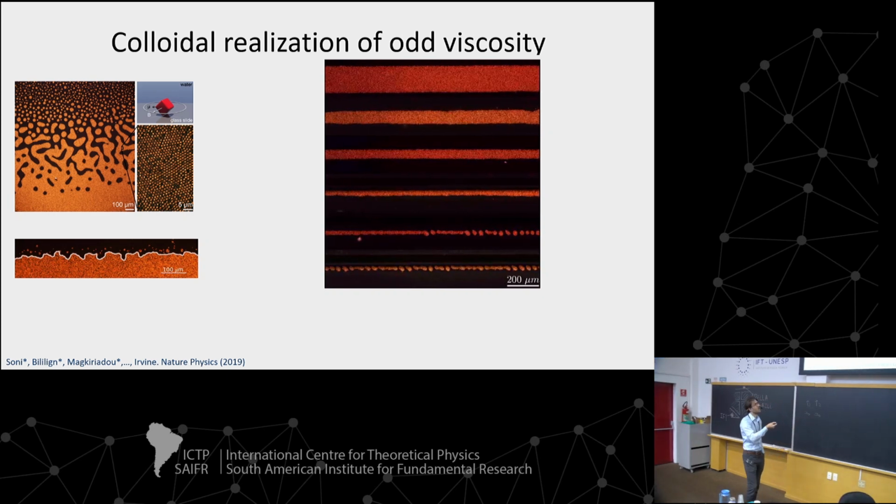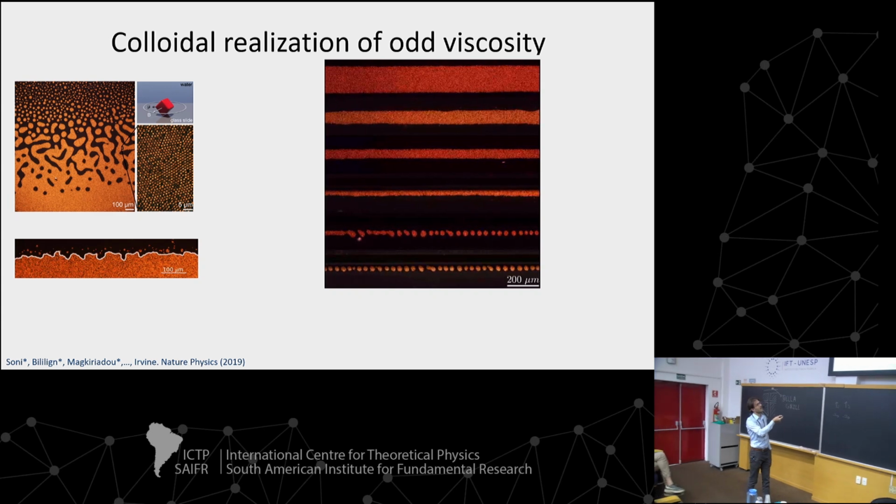This is, in some sense, due to the fact that you have this chiral active fluid in it. This wouldn't happen for a passive fluid. The chiral active fluid has some flows in it, and you can have a flow even in the steady state. This flow leads to this instability, this droplet instability.